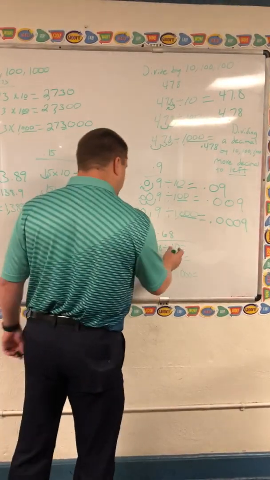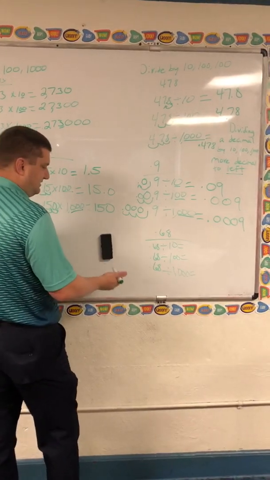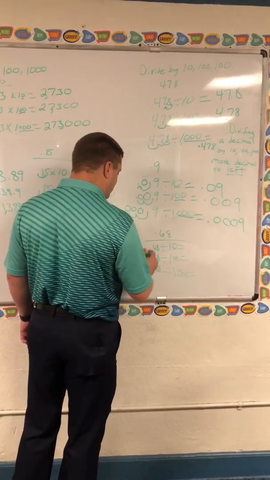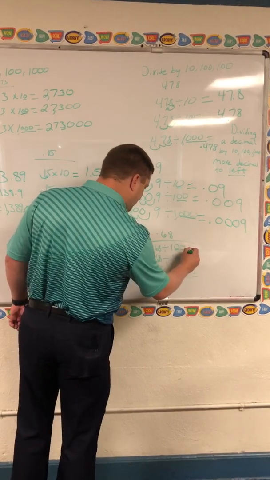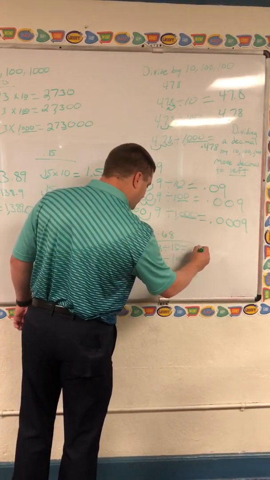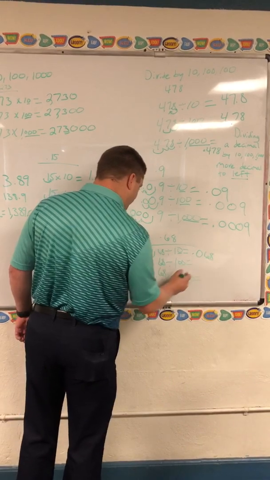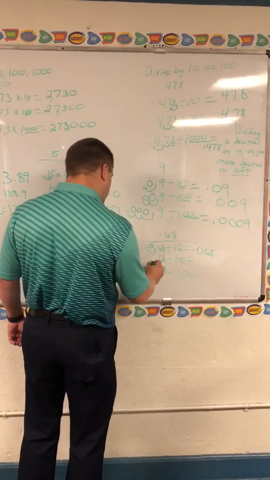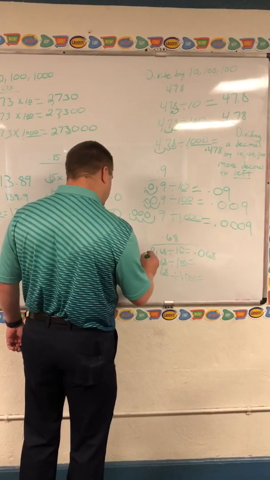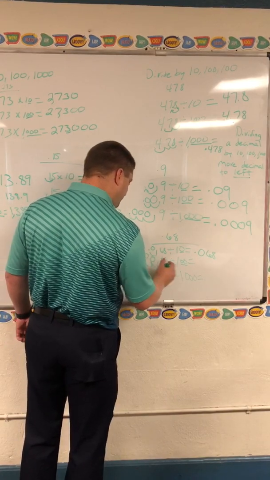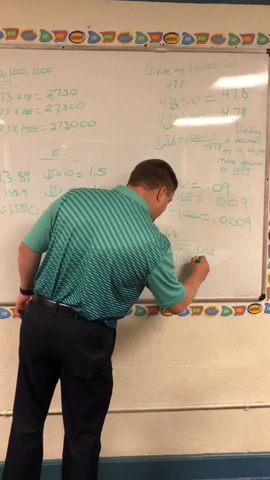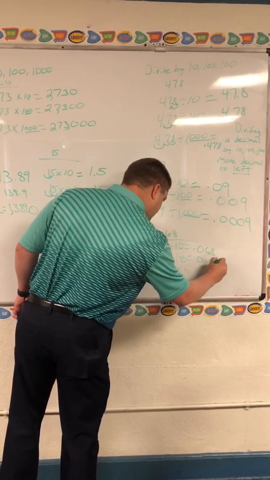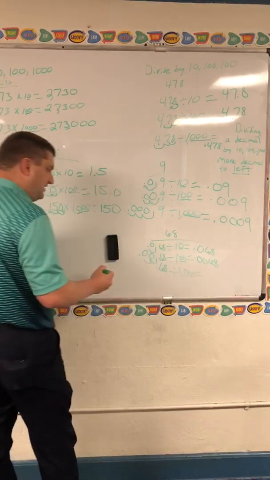And the same thing with this one here at the bottom. 0.68 divided by 10. That's 1 zero. Move it over one spot. Annex a 0. That equals 0.068. 2 zeros. Move it over twice. So that is 0.0068, which is 0.68 divided by 100.